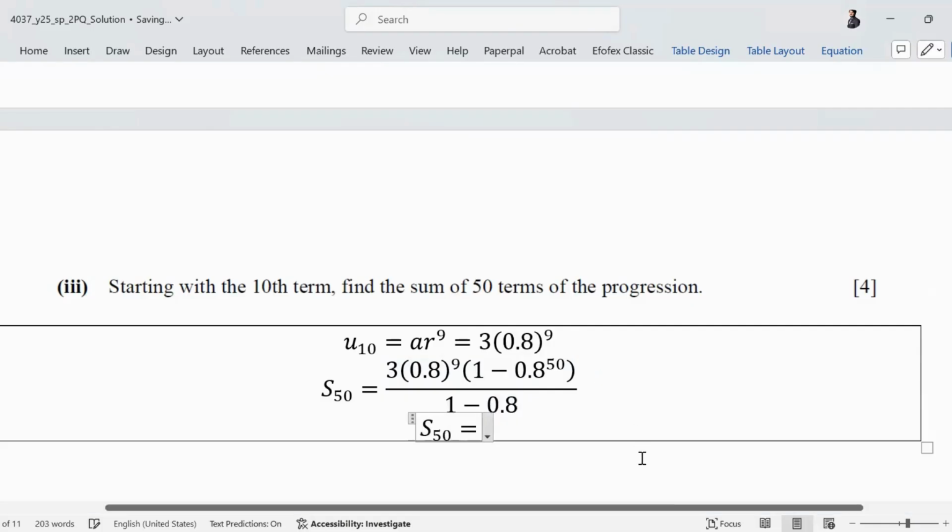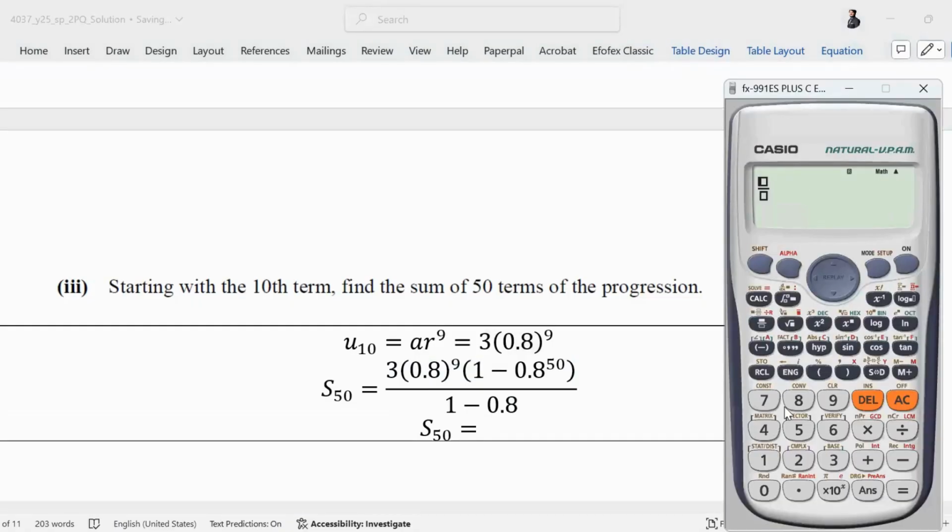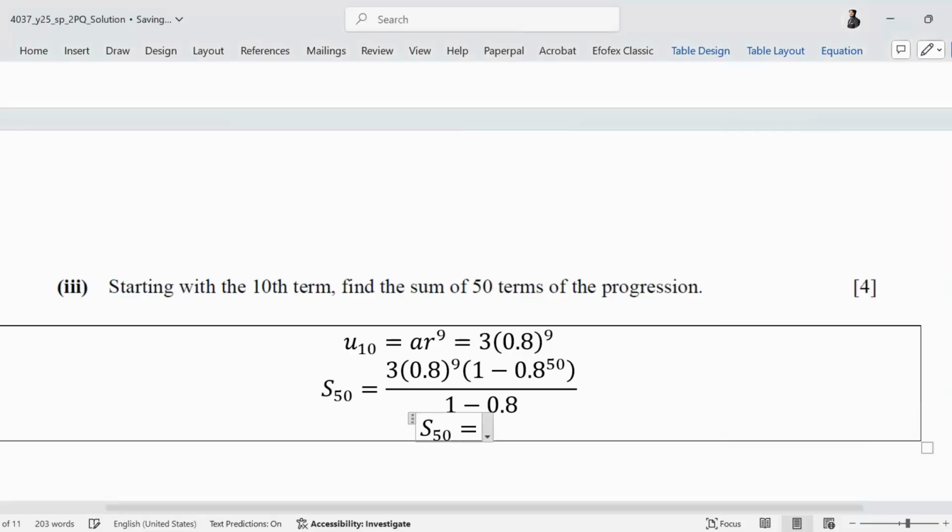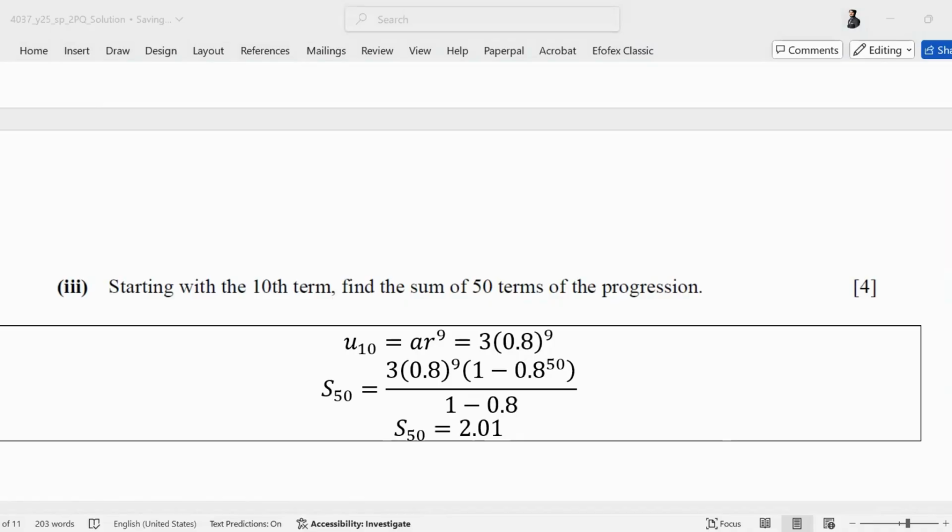I've taken the 10th term as the first term, and it will make things easy for me. 3 into 0.8 to the power 9 and 1 minus 0.8 to the power 50 divided by 1 minus 0.8 is the sum of the 50 terms starting from the 10th term.